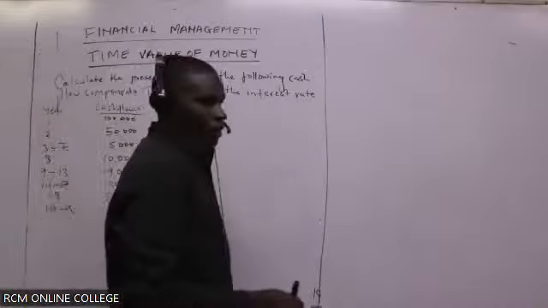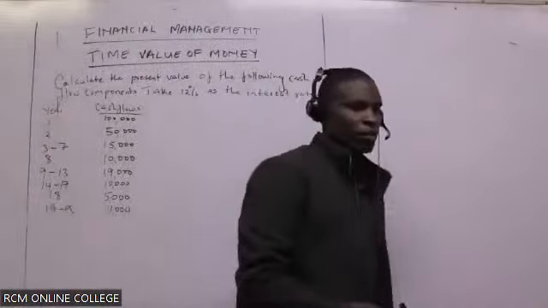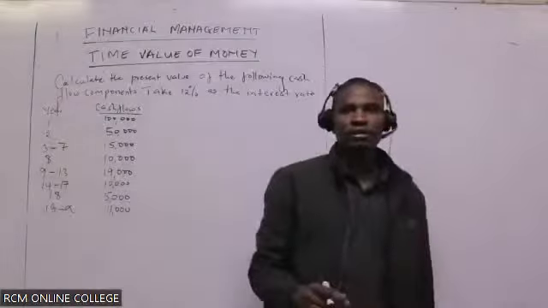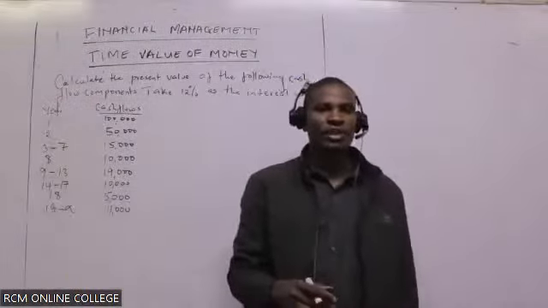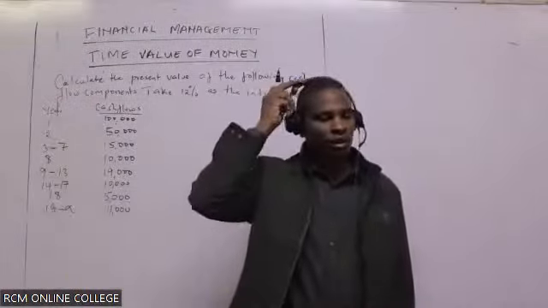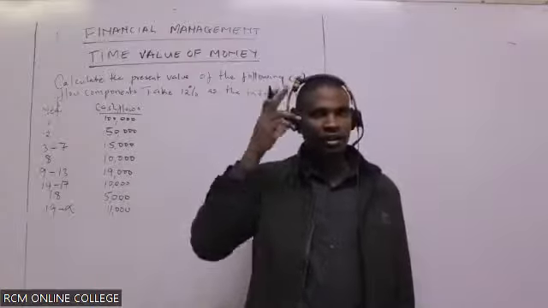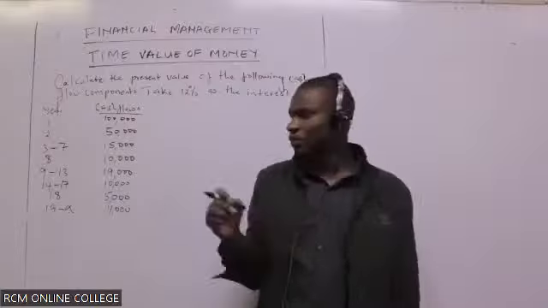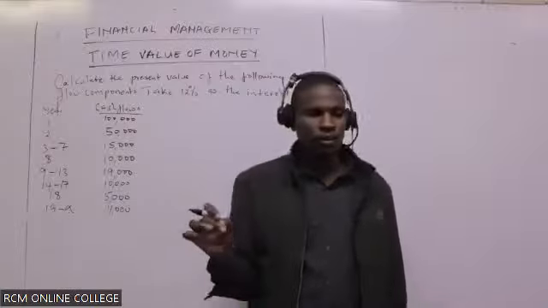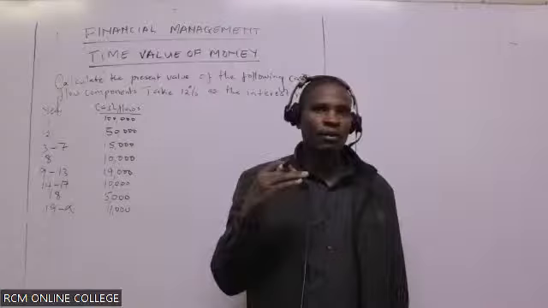So when we do this question, at least now we shall have covered, we shall have beaten the examiner 9-0 or 10-0. Once we are through with this, we shall have beaten him.